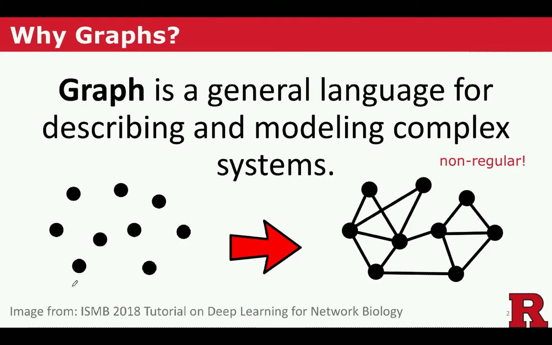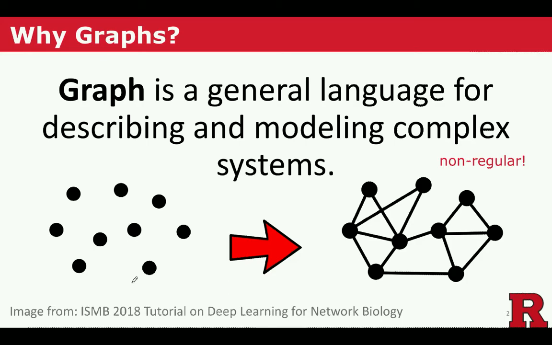First, what is graph and why should we consider using graphs? Well, strictly speaking, graph is a general language for describing and modeling complex systems. For example, if you just look at the data on the left-hand side, a bunch of points, which seems to be quite random.